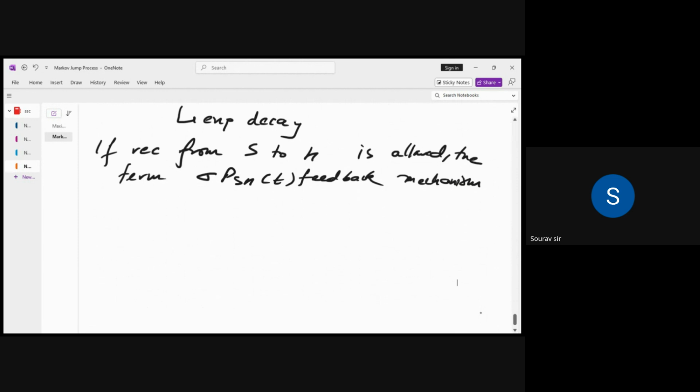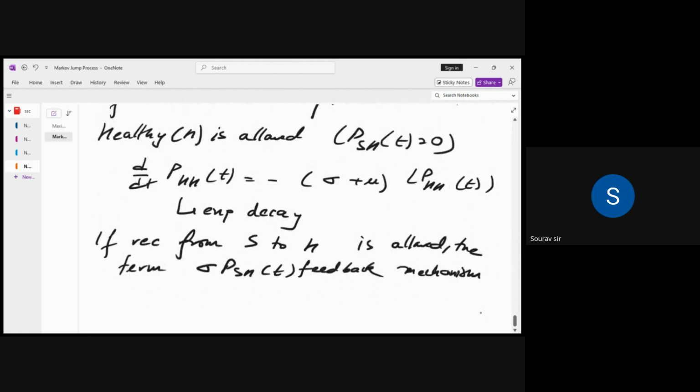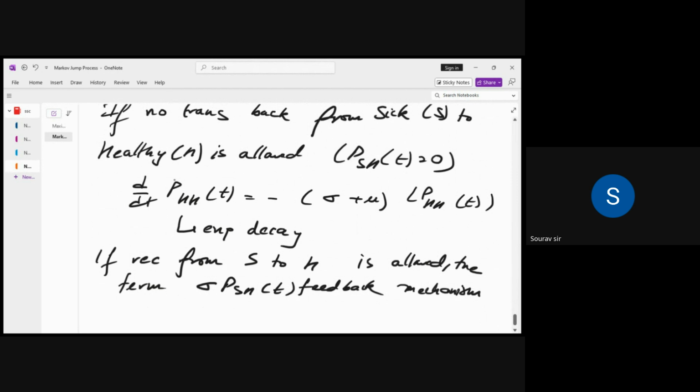So here the equation which we have written, what does it mean? Here it is minus the transition rate plus mu.